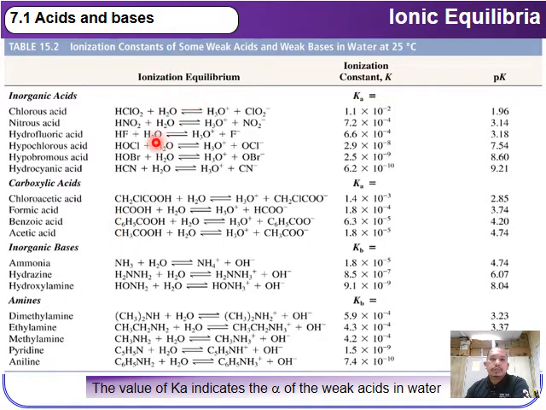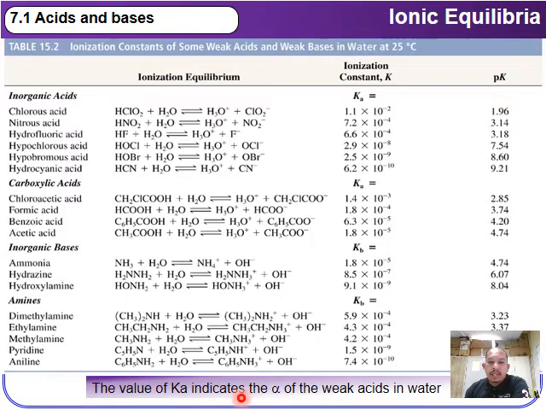This table shows the ionization constants of some weak acids and weak bases in water at a temperature of 25 degrees Celsius. As we can see here, the Ka value and the pKa value. When the Ka gets smaller, the pKa gets higher. Also for the Kb value, as the Kb value gets smaller, the pKb value gets higher.